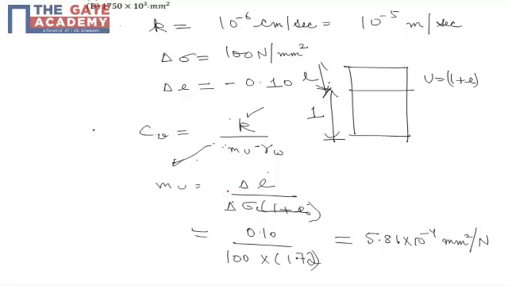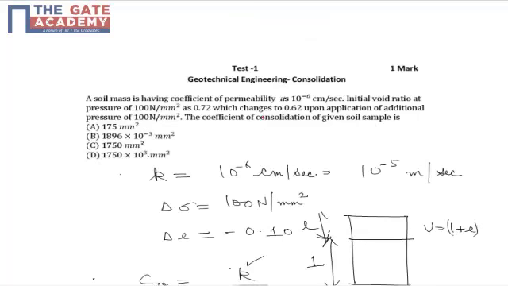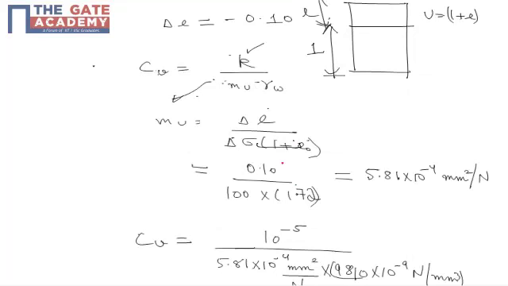Substituting all the values, since e naught is given as 0.72, the initial void ratio was 0.72, it changes to 0.62, so 0.10 upon 100, because change in stress is given as 100, and 1 plus e naught comes out to be 1.72. So MV comes out as 5.81 into 10 to the power minus 4 mm square per Newton.